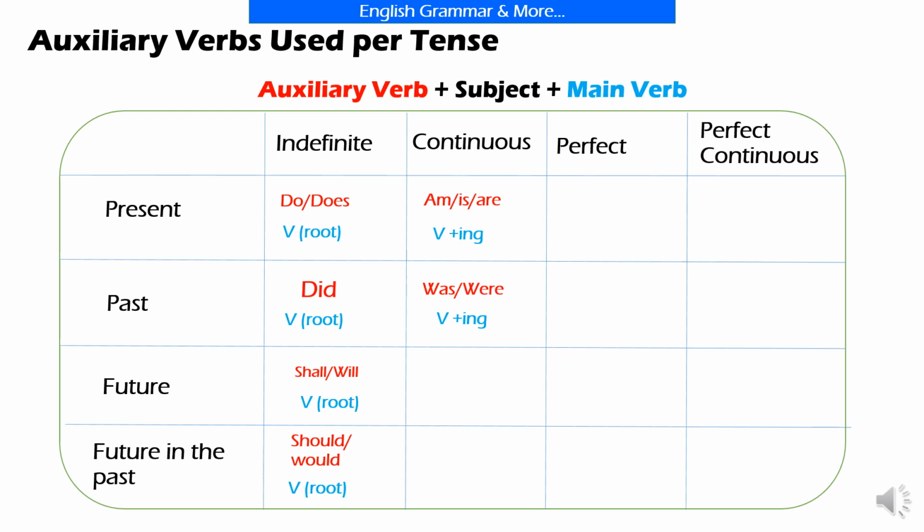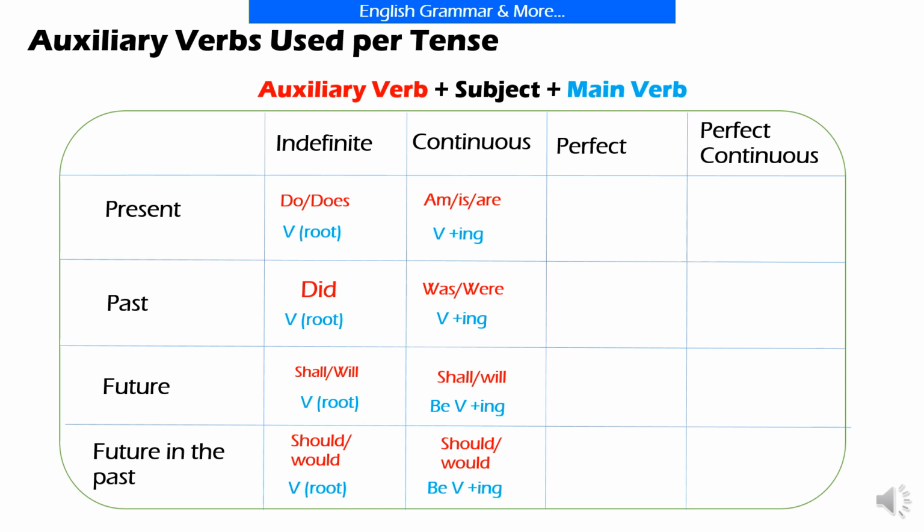If the sentence is in the future continuous tense form, as an auxiliary verb, you will use shall or will, and the main verb will be verb ing. If the sentence is in the future in the past continuous tense form, then as an auxiliary verb, you will use should or would, and the main verb would be verb ing.